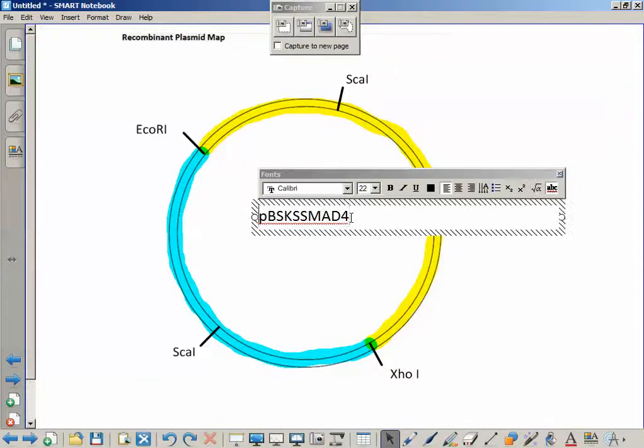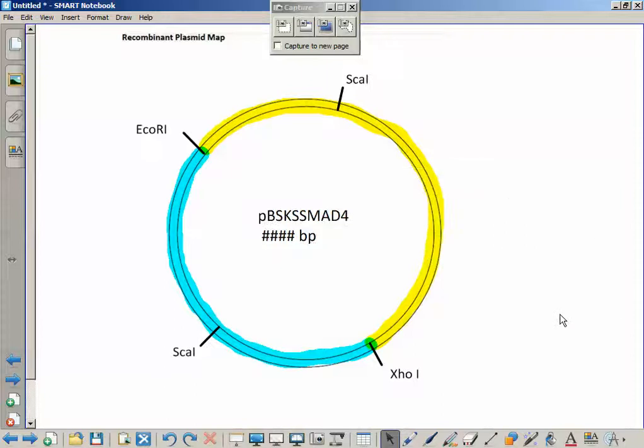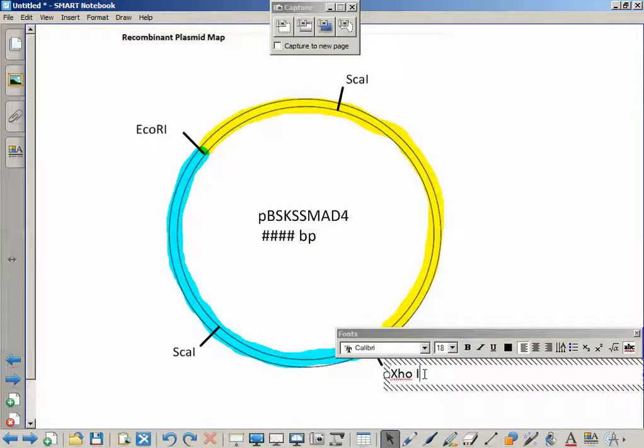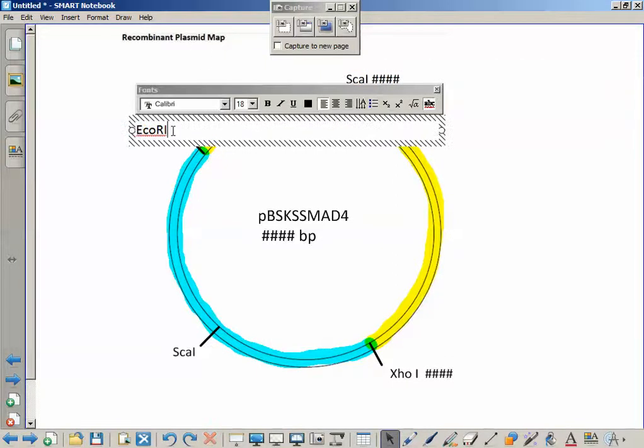The next thing you want to do is figure out your total fragment length. It's going to be a certain number of thousand base pairs, bp, for your total. The other thing you have to do is put your values here: what are the map locations at each enzyme site? Again, I'm going to leave that one for you to figure out. That's part of the problem-solving process.